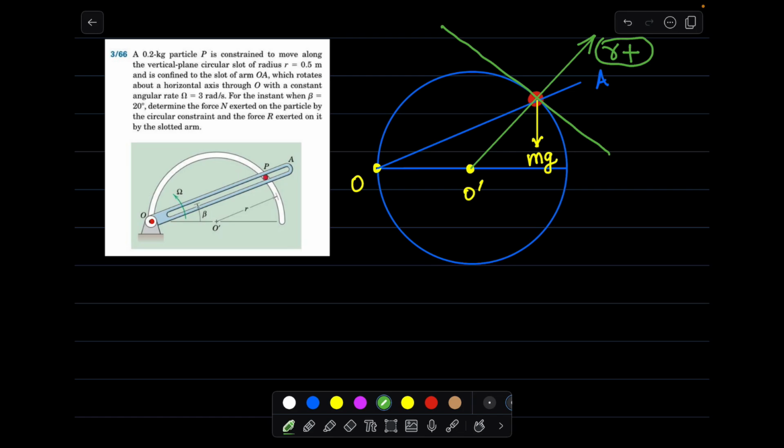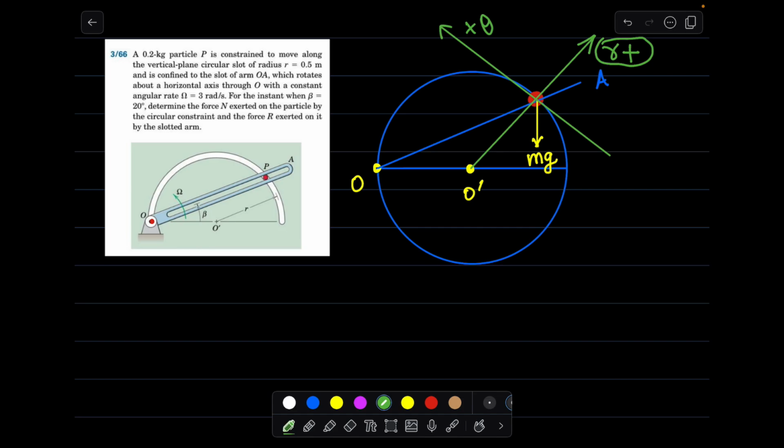So I will make a perpendicular. Here you can see this is theta, and theta is always positive in the direction of the motion. Particle P is moving in a counterclockwise direction, so I made theta positive in this direction.